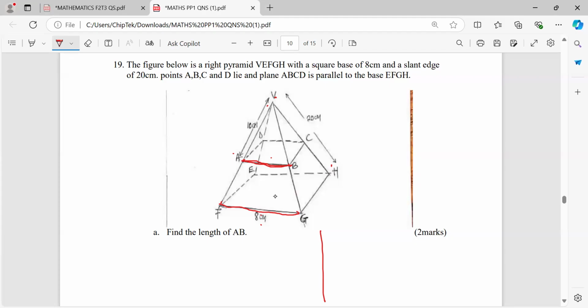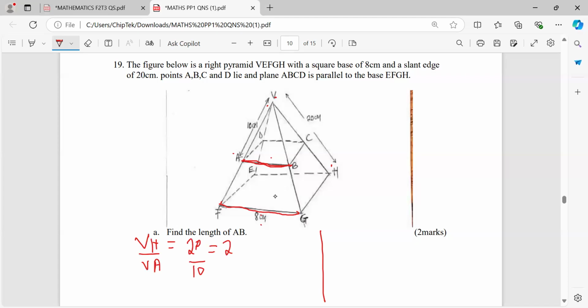Okay, so the base side for the larger pyramid is 8, but you don't know the base side for the smaller pyramid. So let's find out the linear scale factor. So it's BH or BF, which is 20 divided by 10. So it gives you 2.